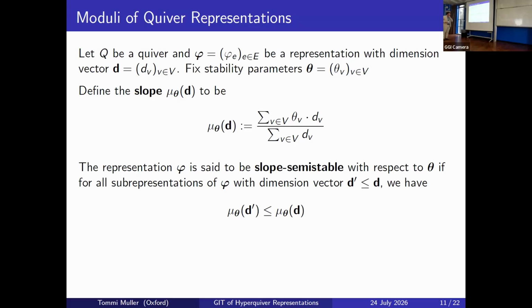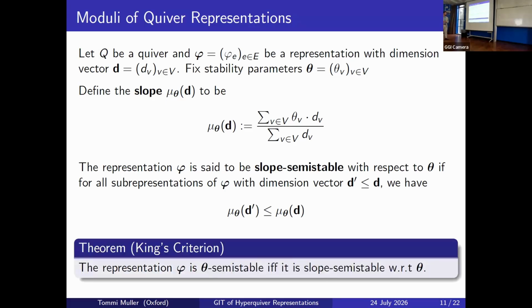This was all work that King did on slopes and slope semi-stability for quiver representations. King's criterion says that a quiver representation is theta semi-stable in the sense of GIT if and only if it is slope semi-stable with respect to theta.